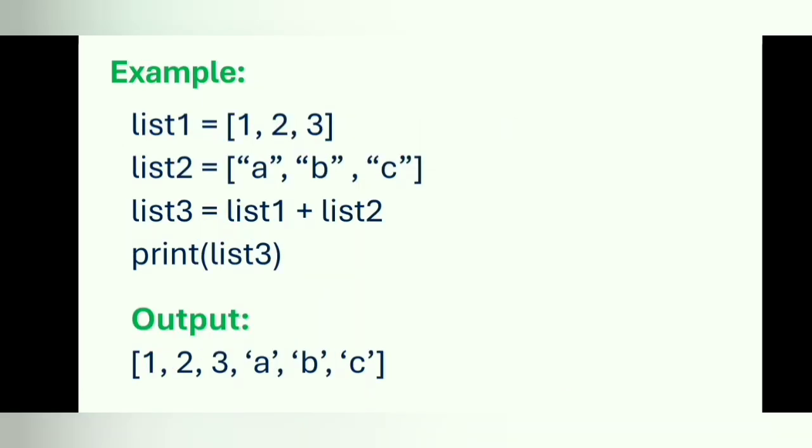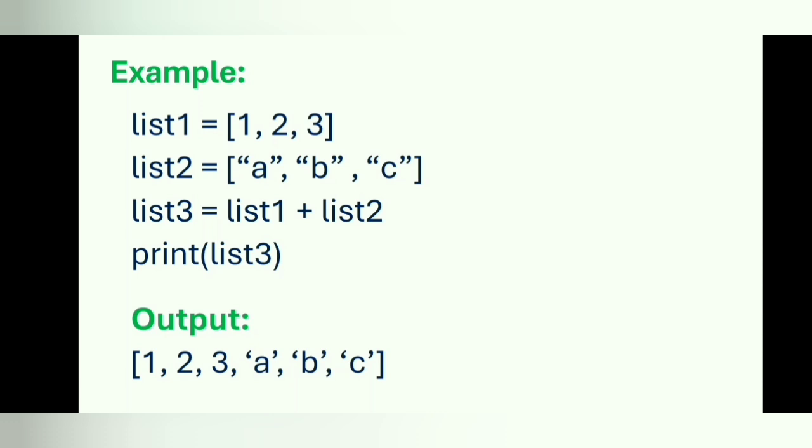Example. In this example, the first thing I did was create a new list with the three integer elements 1, 2 and 3 and assign it to list1. Next, I created another new list with the three string elements A, B and C and assign it to list2.